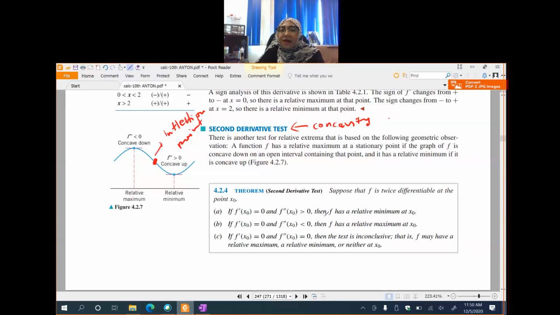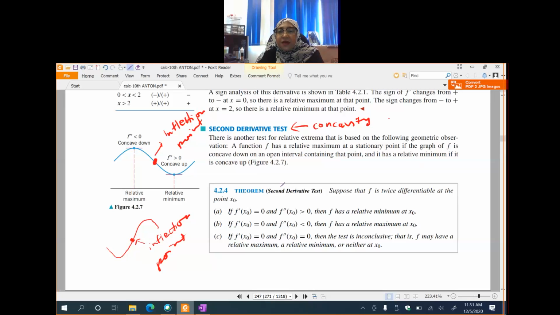That's why it's called an inflection point. But we have to note that the concavity will change. It will be concave down and after that concave up, or concave up and after that concave down. So there's a point in between which will be the inflection point.